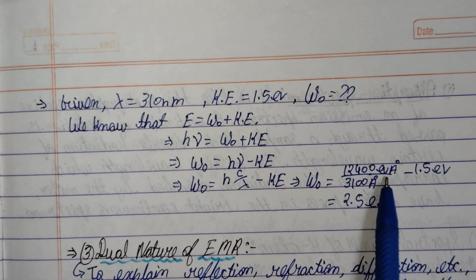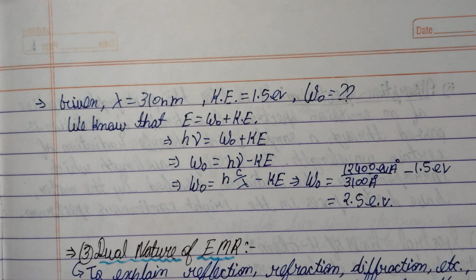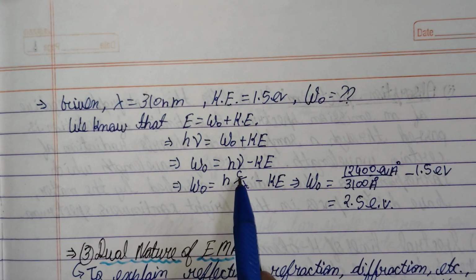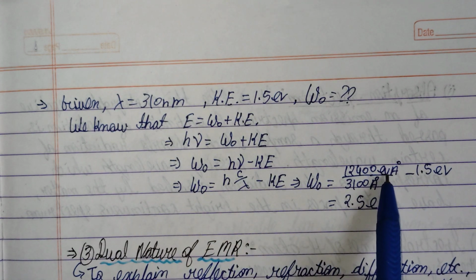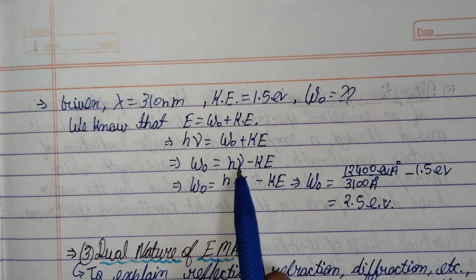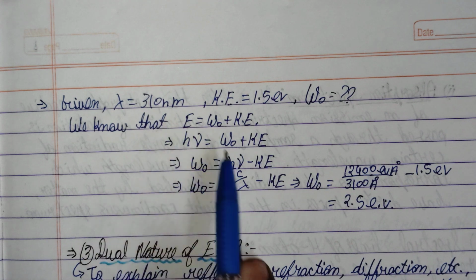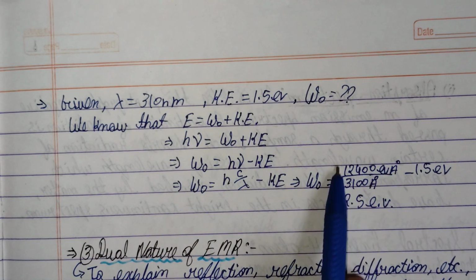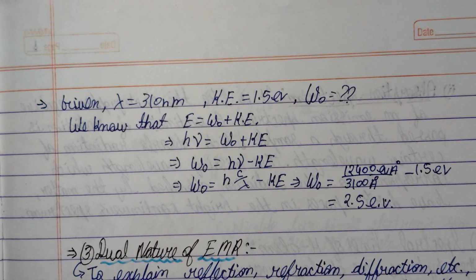So h is 6.6 into 10 to the minus 34, c is 3 into 10 to the power 8, and for electron volt, we divide by 1.6 into 10 to the minus 19, and lambda in the denominator is 310 nanometer. In angstrom it is 3100 angstrom, and we solve it, we get 2.5 electron volt.